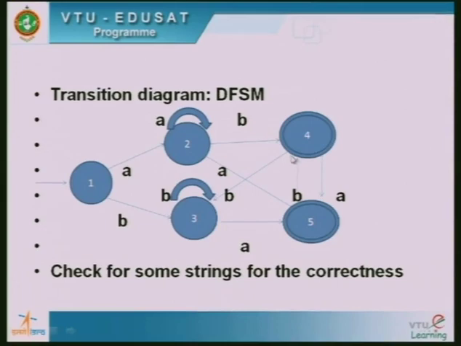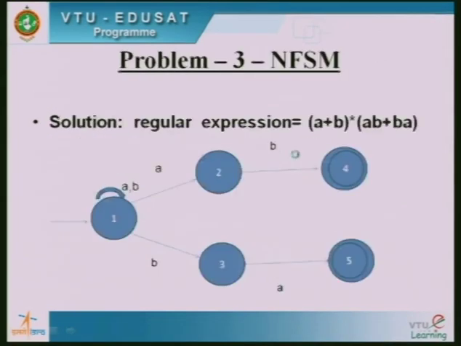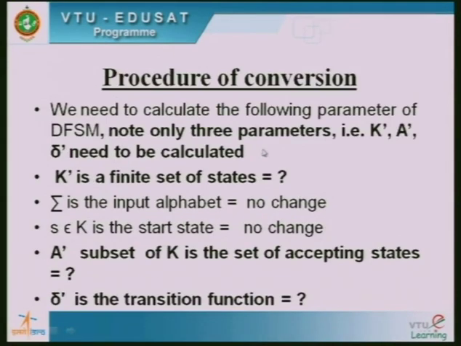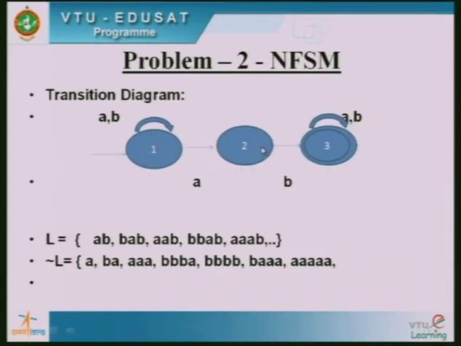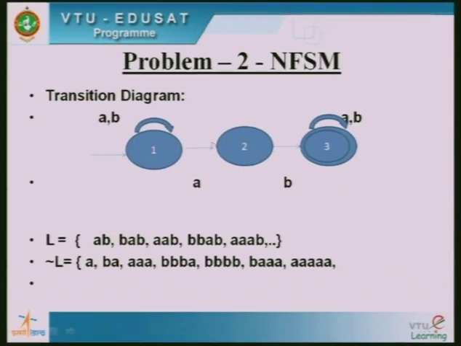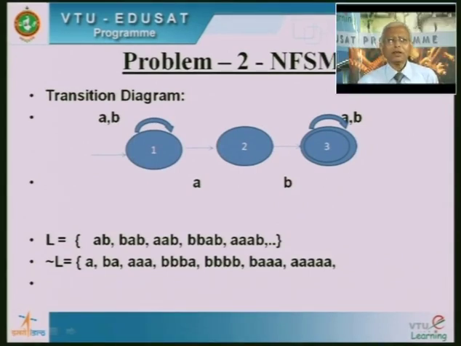Now what I want you to do is, I have attempted only 2 problems, whereas there are many problems. For example, problem number 2, I have not solved. This is a non-deterministic finite state machine. You need to convert this into a deterministic finite state machine.